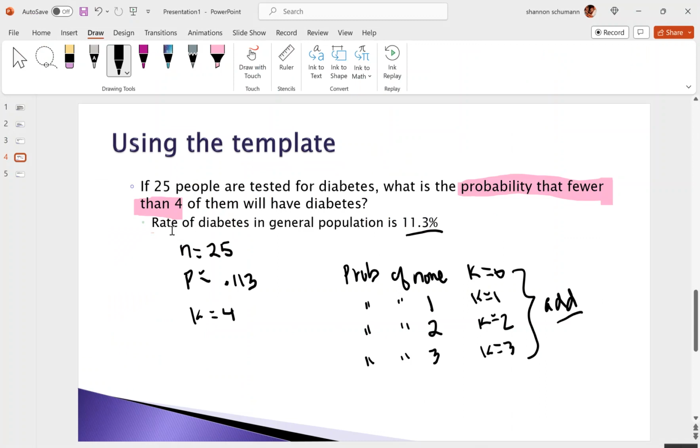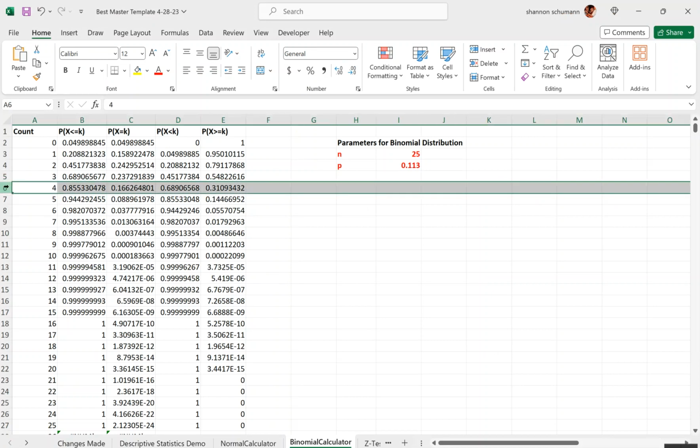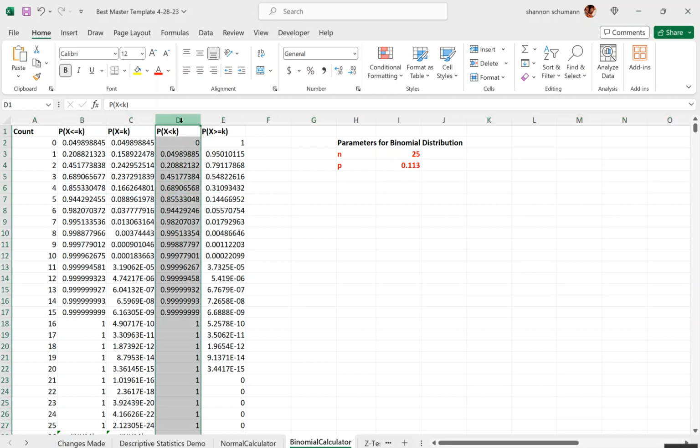So what we want really here is that K is less than 4. That's what we want because of the fewer than. So on our template, this row is the 4, and here's the fewer than, X less than 4. So I take the row with the 4 and the column with the less than, and where they intersect is my answer.